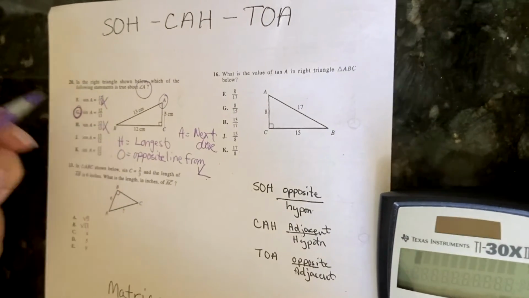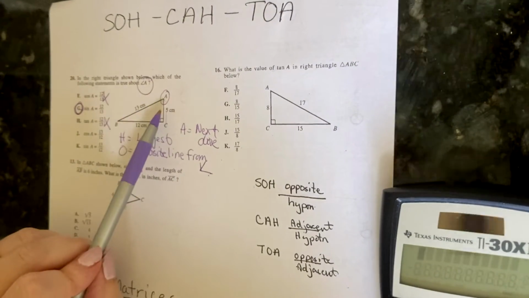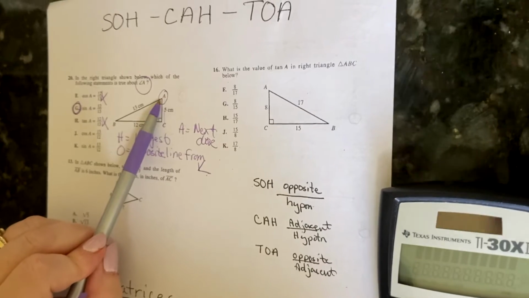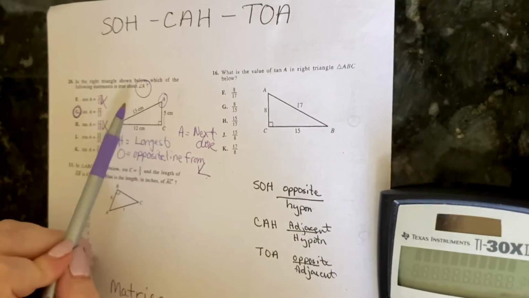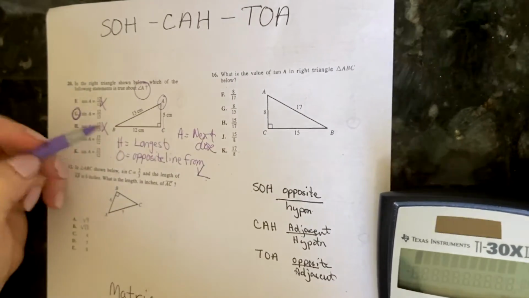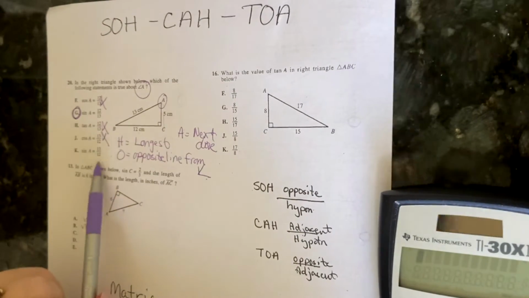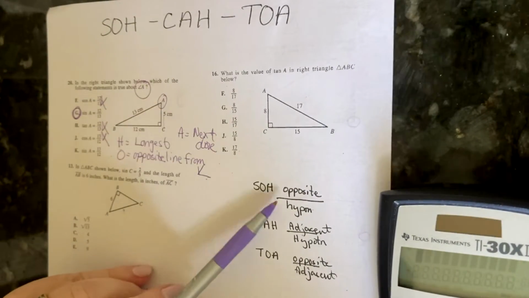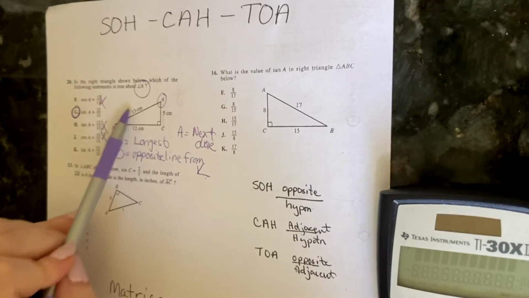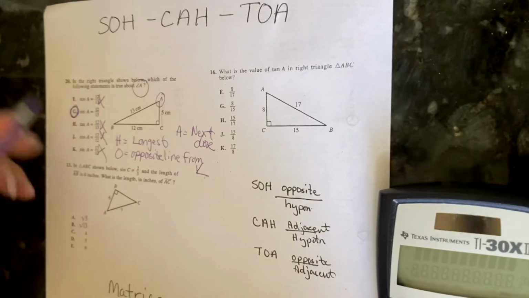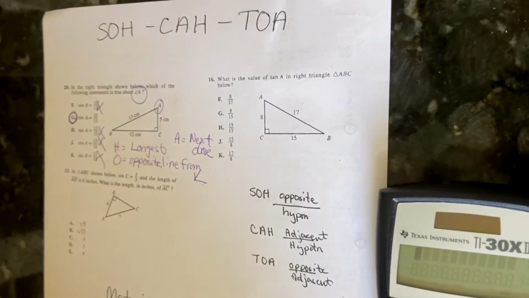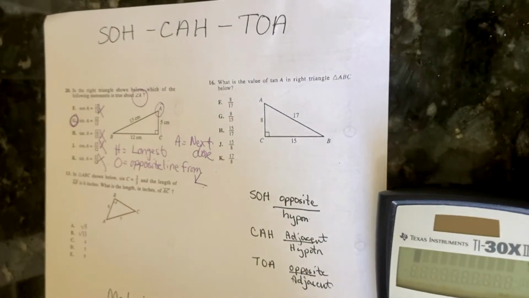That one doesn't work. Cosine of A is adjacent over hypotenuse, 5 over 13. Nope, that doesn't work. And sine of A is opposite over hypotenuse, so 12 over 13. So it has to be that one, but I just wanted to go through the same thing so you got the hang of how we do it.